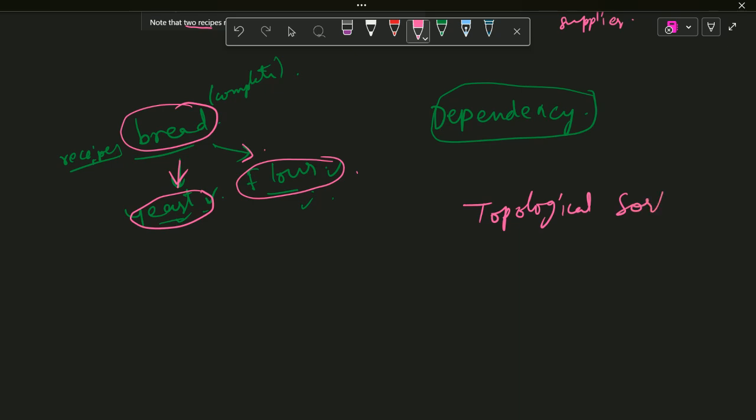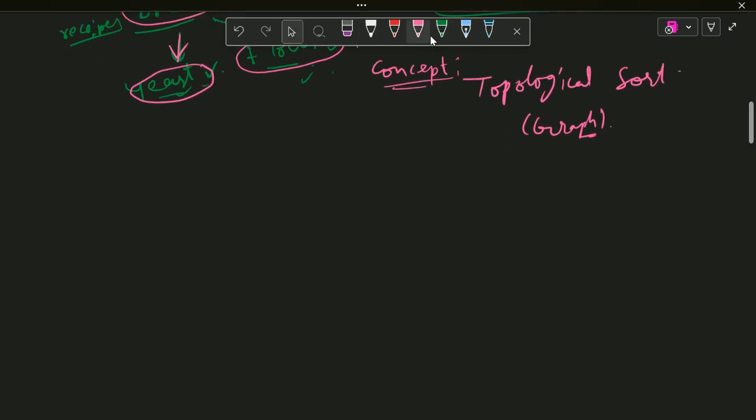Topological sort is a concept in graphs. You can go through this. Let me explain this briefly. What is topological sort? It is going to be a very long video. Please understand, my dear friends, what is topological sort and how this problem is solved using topological sort.